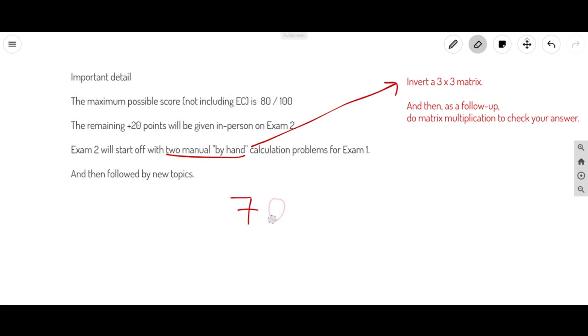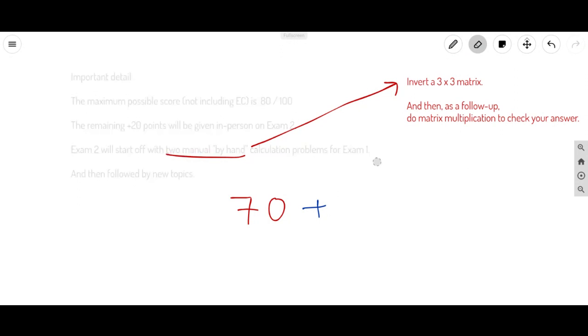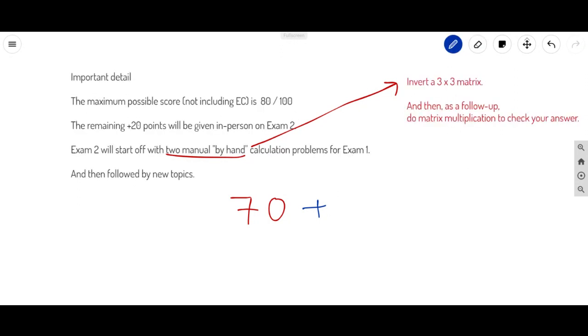You include the extra credit, you now have 70, and then you can be confident that assuming you can do this, which I think is by far simpler than any other question on the exam, because the other questions, even though they were not computational, were more conceptual. Assuming you can do that well, and this basically comes down to understanding row reduction, you can just add that to it.